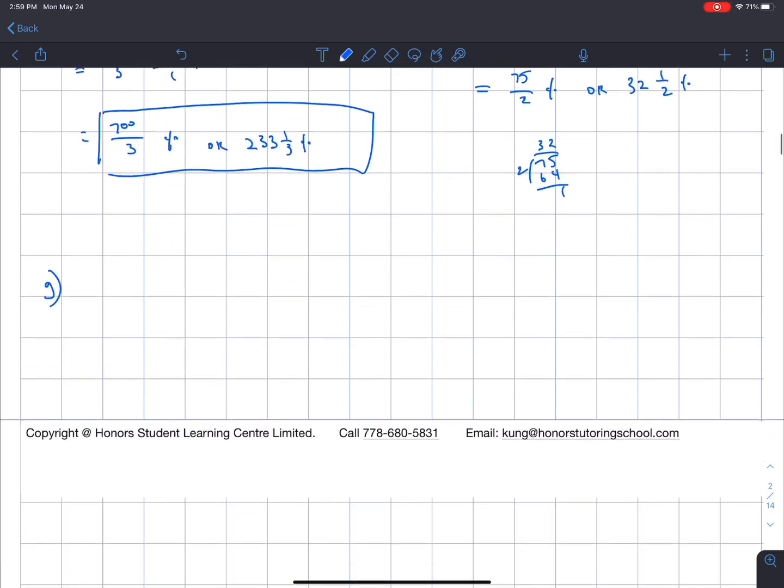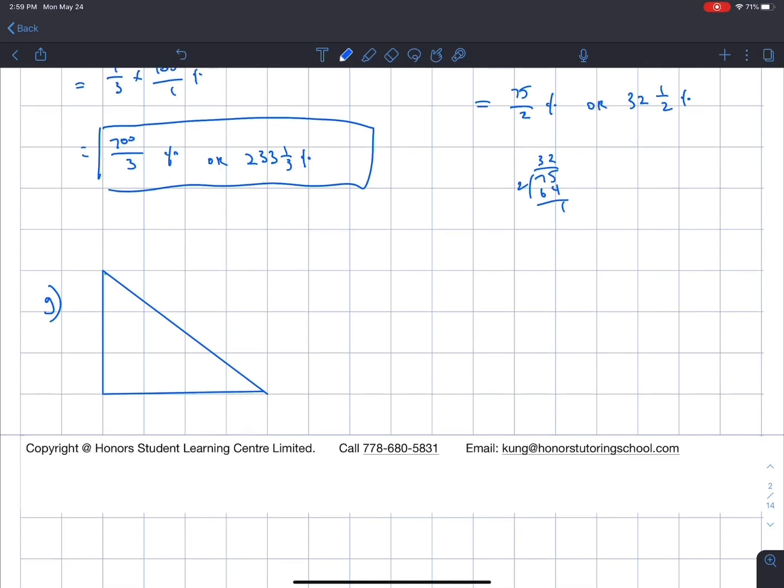So G is interesting, because you have to use your imagination to cut this triangle. Okay, so let's try to cut it into little pieces.